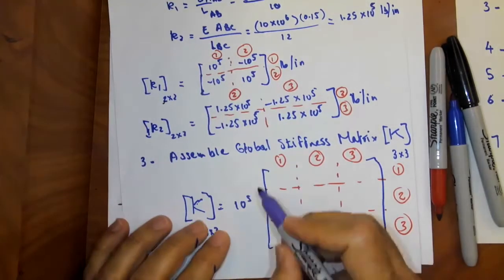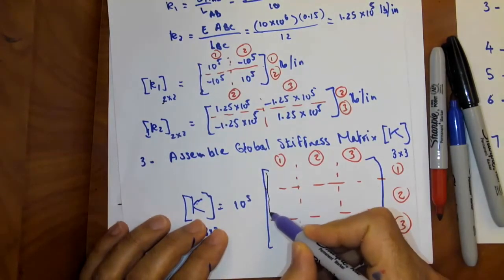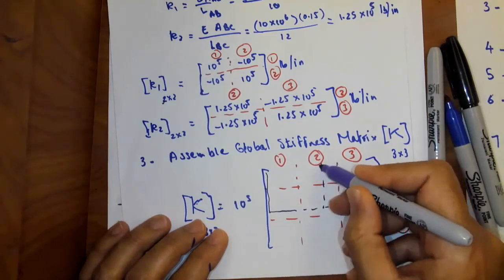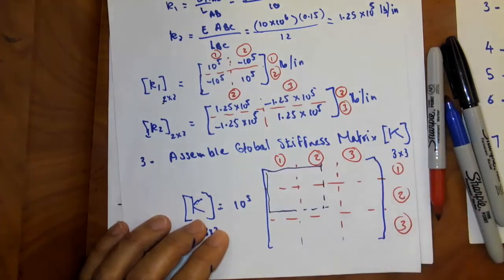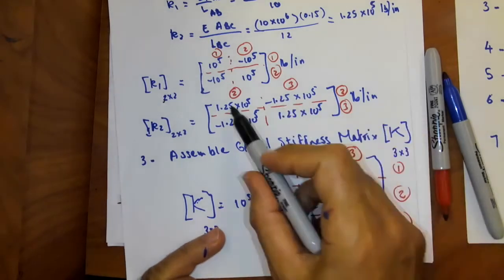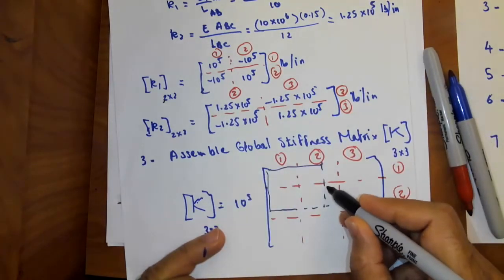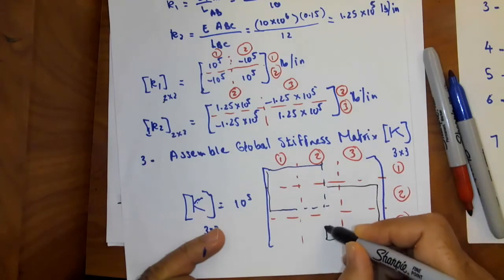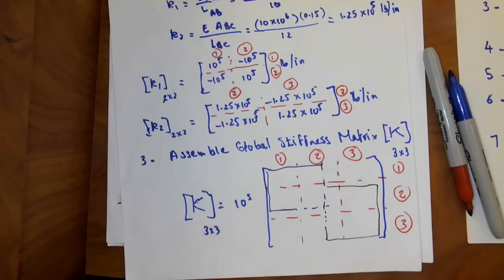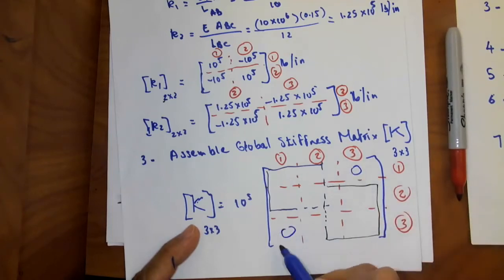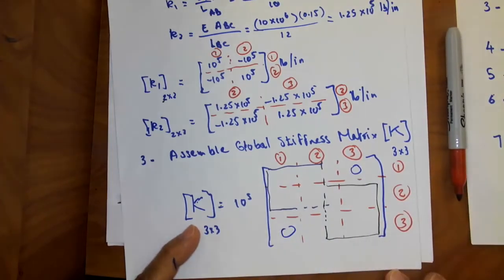K1 between 1 and 2 is going to go here. And K2 between 2 and 3 is going to come here. Right? And you can see clearly that 1, 3 is a 0 and 3, 1 is a 0.